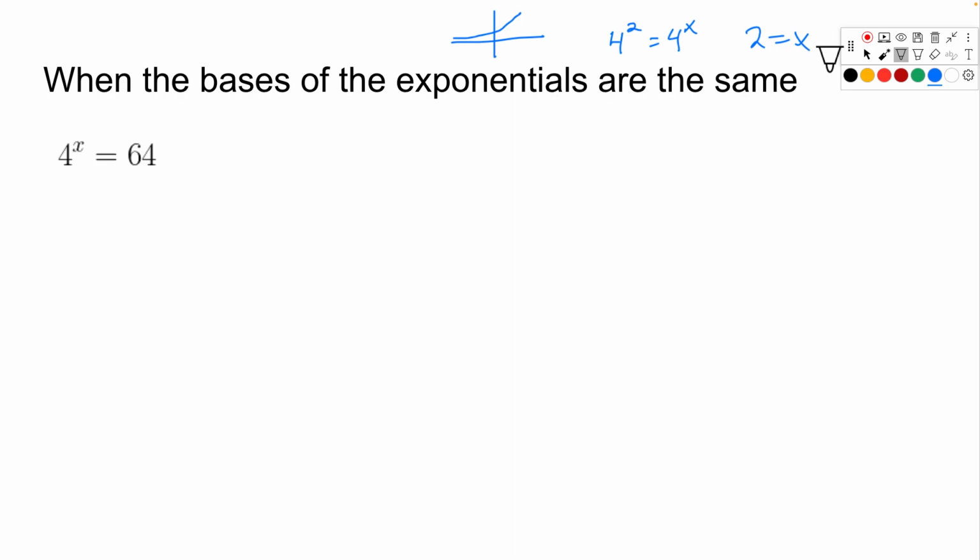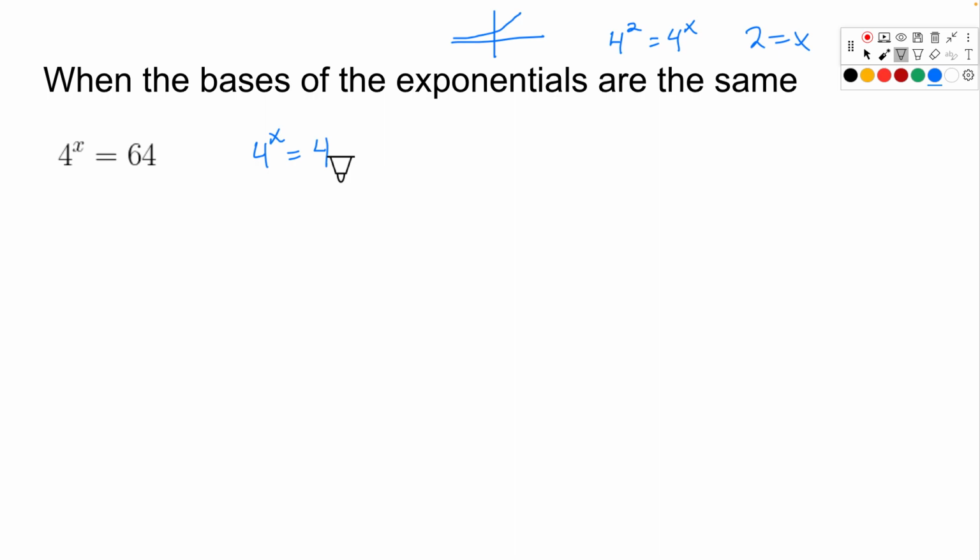The inputs are equal. That's what we're going to do with this one. But we don't have 4 to the x equals 4 to something, so how could we rewrite 64 as 4 to some power?